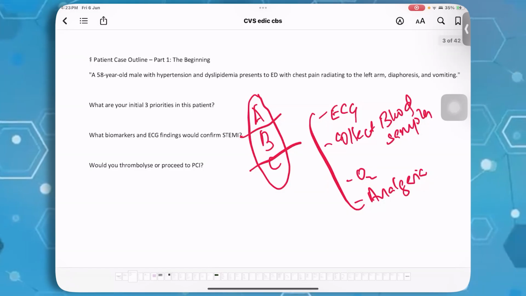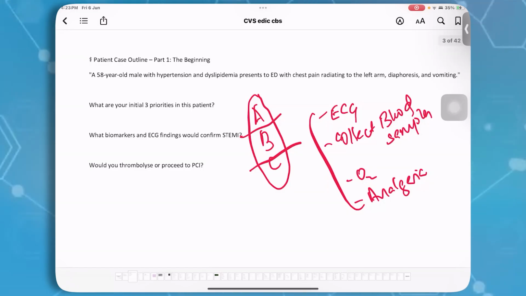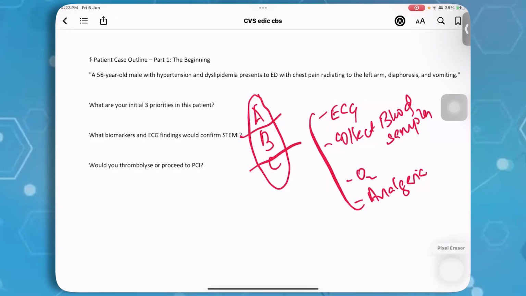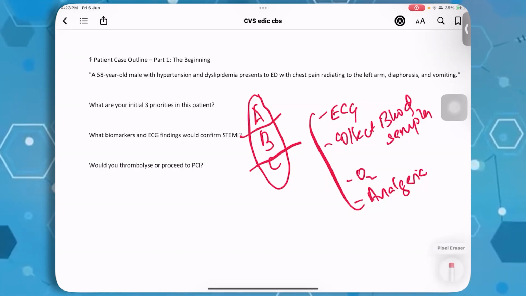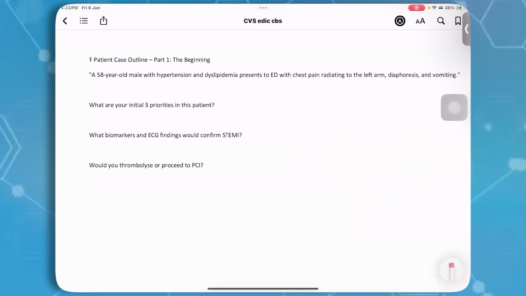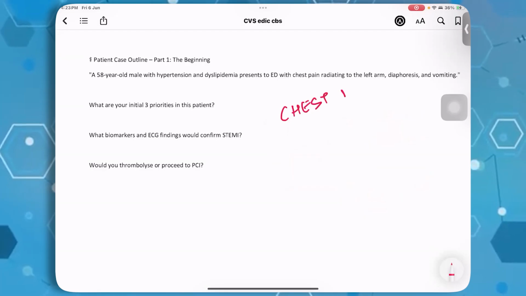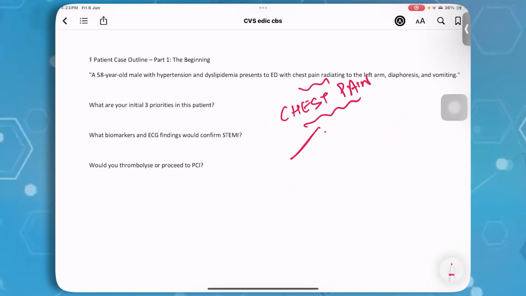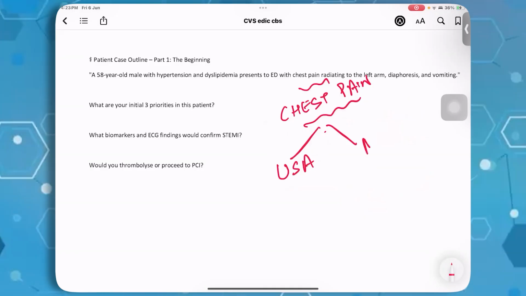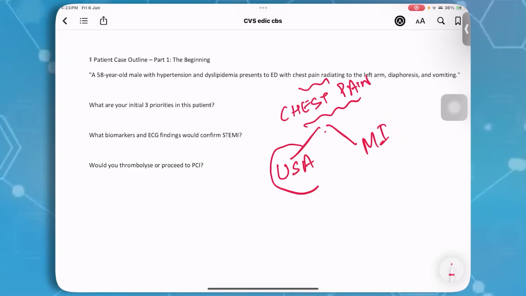In NSTEMI, the patient presents with the classical chest pain of acute coronary syndrome, which occurs at rest, but the ECG will be normal and cardiac biomarkers may not be elevated. Absolutely correct.